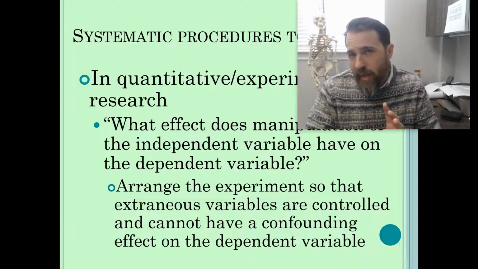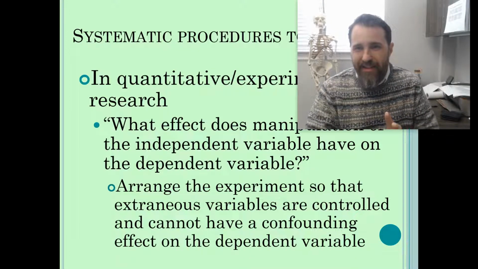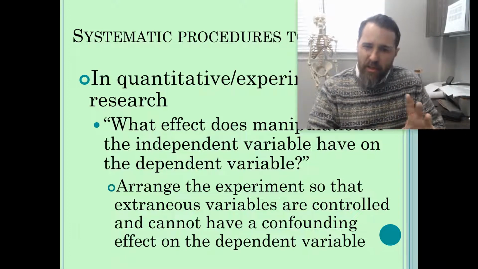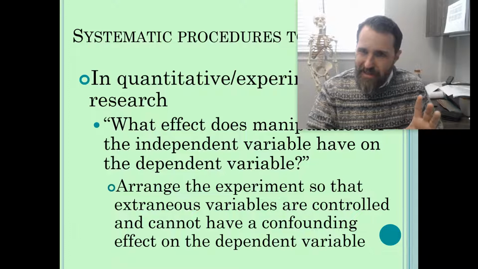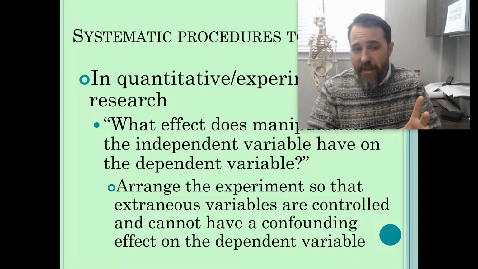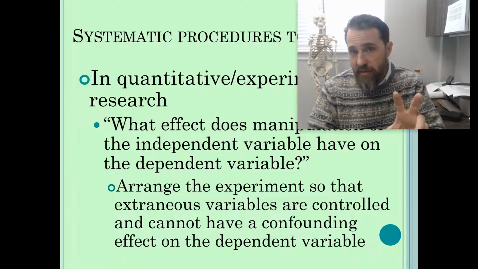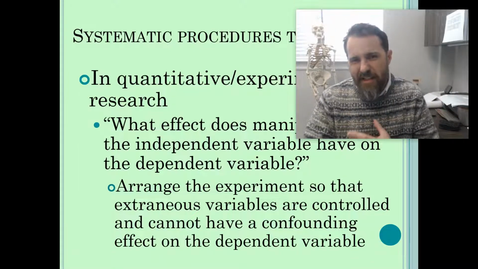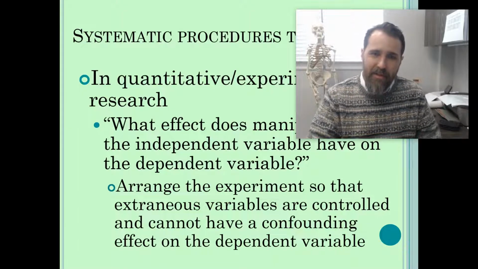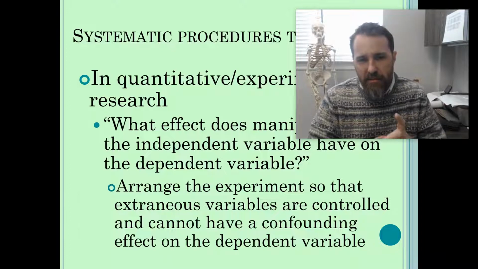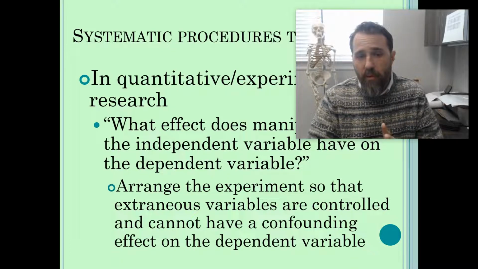And I want to arrange the experiment in a way that is going to control for those nuisance variables, those extraneous variables, as much as possible. That's going to minimize their impact on the results, meaning on the dependent variable. So in experimental research, that is what you do. You arrange the experiment as much as possible to control for extraneous variables.